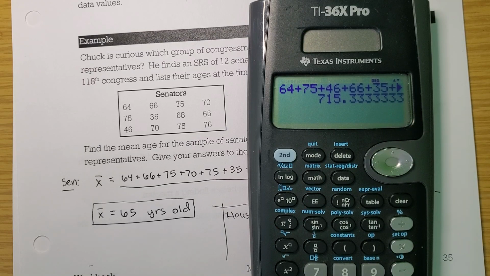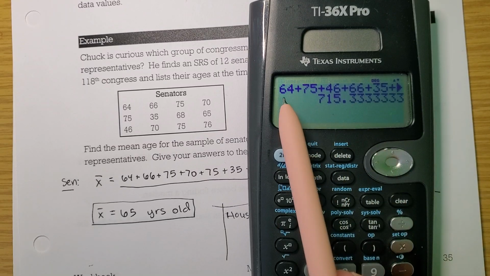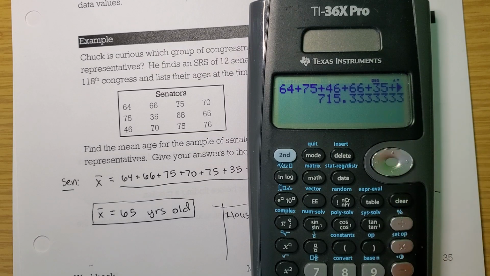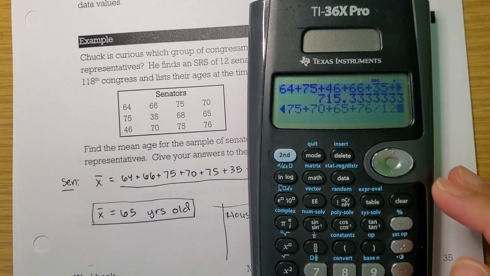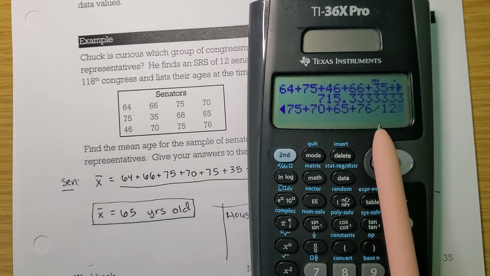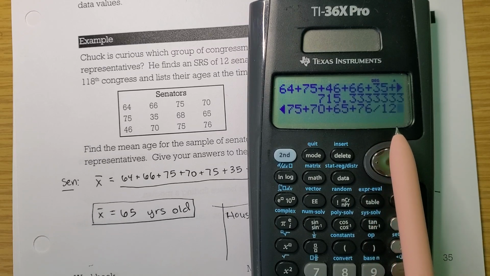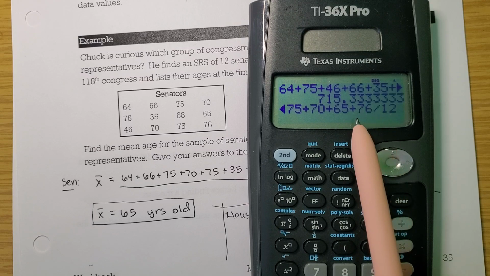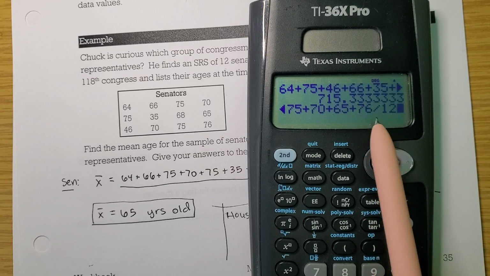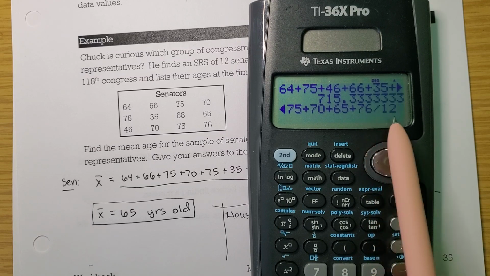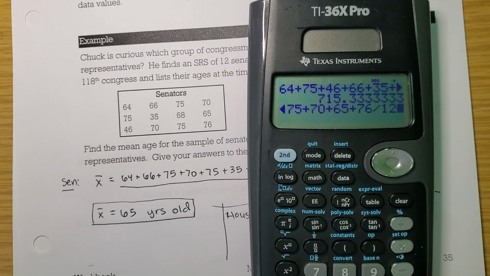So this happens because your calculator follows the order of operations. And when I typed all of this in, at the very end, I have that division. And your calculator says, according to the order of operations, dividing is more powerful than adding. So what it's doing here is dividing that 76 by 12 first, and then adding everything else.